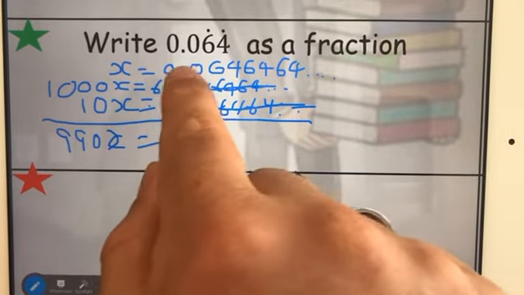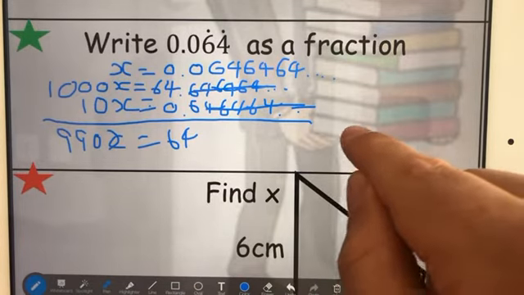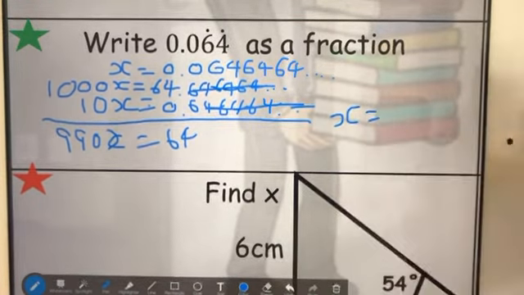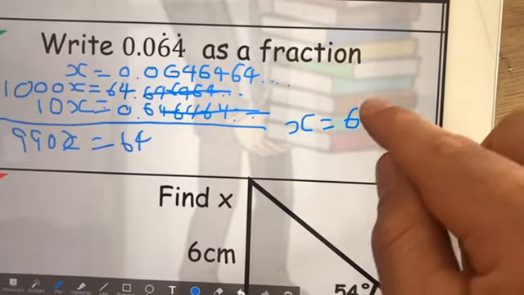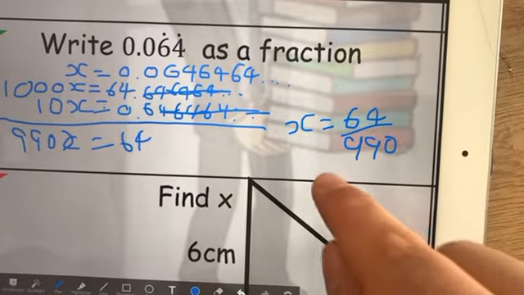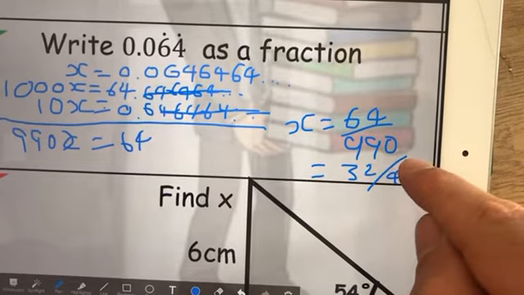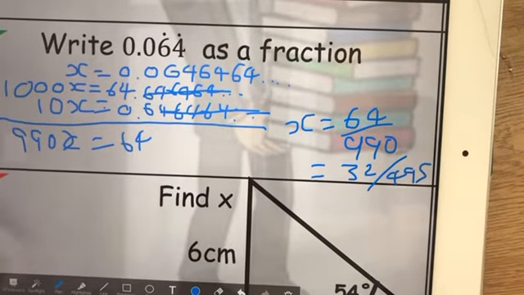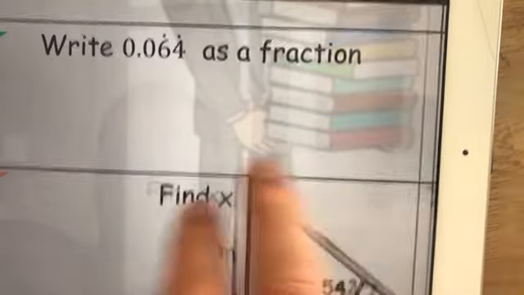So what you end up with is 990x equals 64. If I divide through, I know that x equals 64 over 990, which does simplify, I think, down to a minimum of 32 over 495. Okay, next one. That's 3 points.